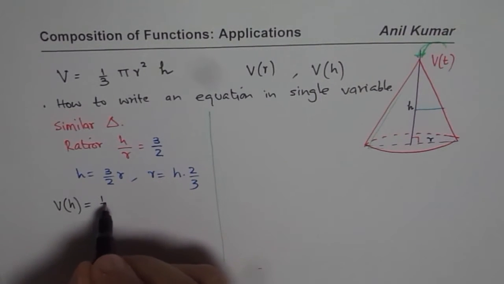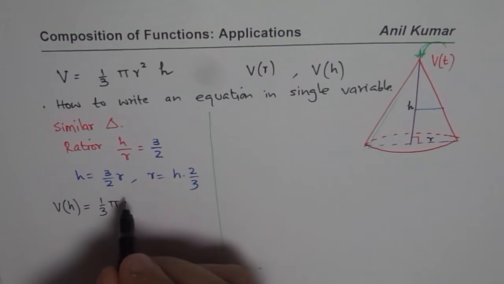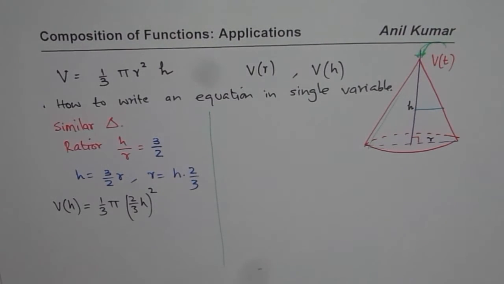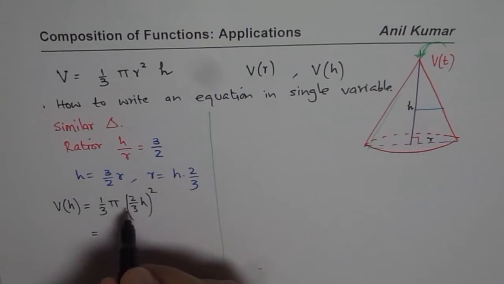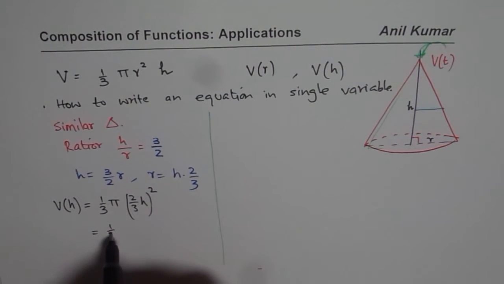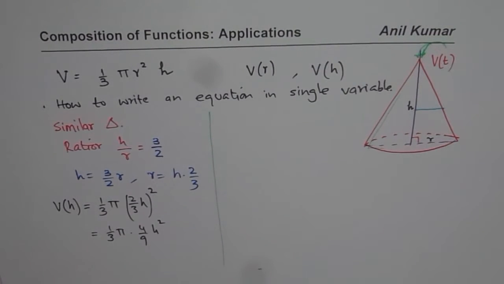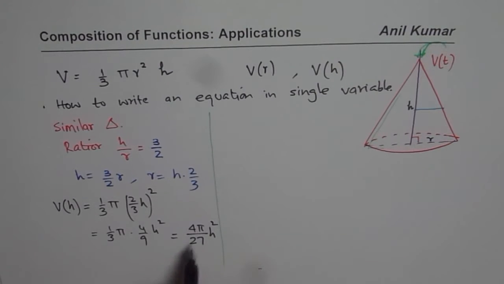So it is equal to 1 by 3 pi, and instead of r I will write 2 by 3 h whole square. Do you see that? Perfect. So that is the relation, and when you open this out, you get 1 over 3 pi times 4 over 9 h square, or you can write this as 4 pi over 27 h square. So you have a relation which relates volume with height.